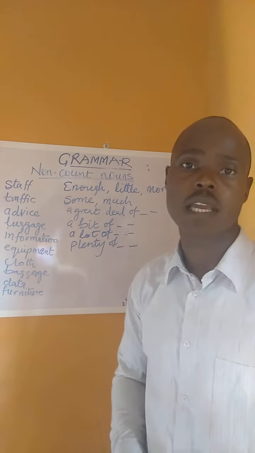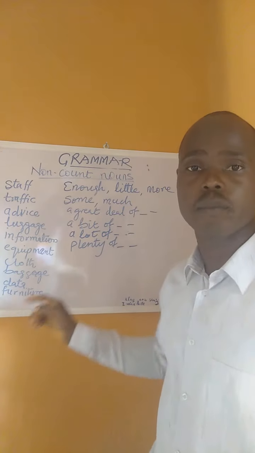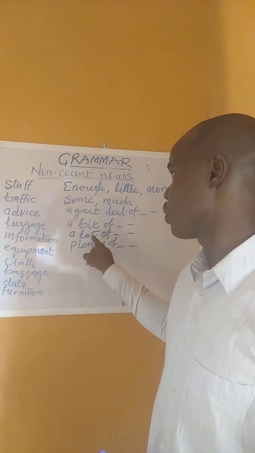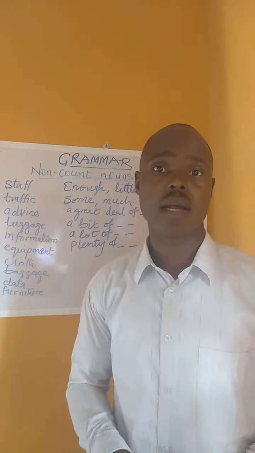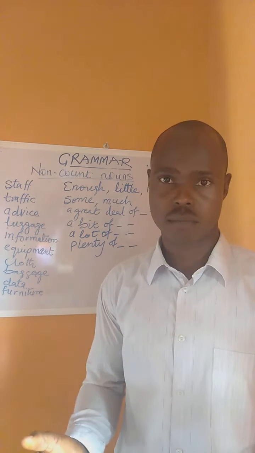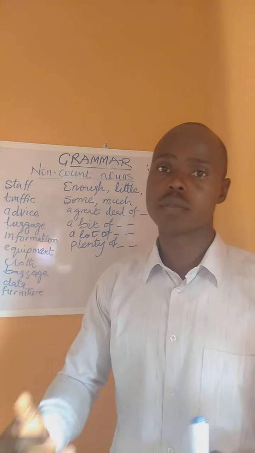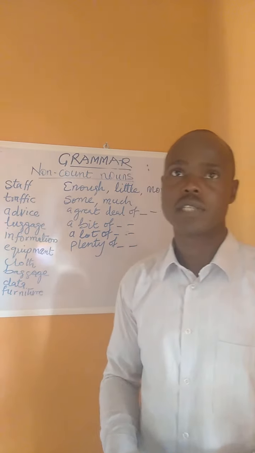All of these can be used with mass count nouns. But take note, in a more formal setting, you may need to replace a lot of and plenty of with, let's say, much. While we use many for countable nouns, you use much for mass count nouns. Please take note of that.